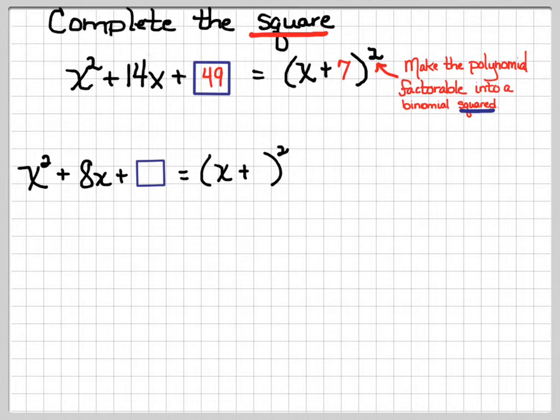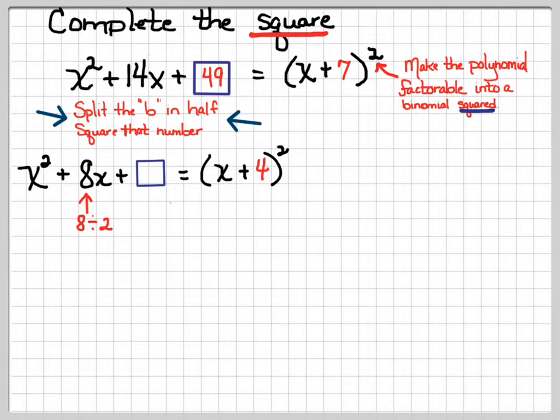If we were again to fill in this blank, this over here is equal to half of this. So we'd split that in half and put a 4 there. But what we would put in the box is this number squared, or 16. Okay, let's look at another one.